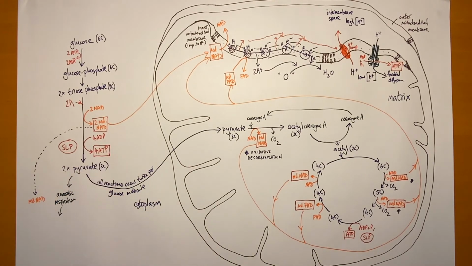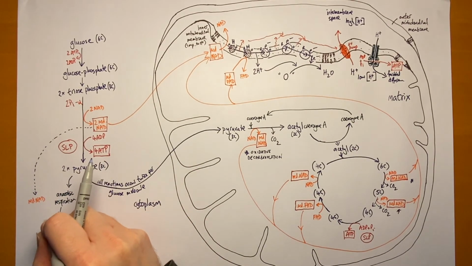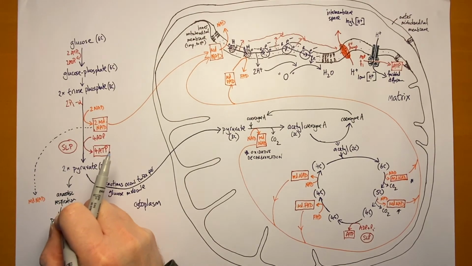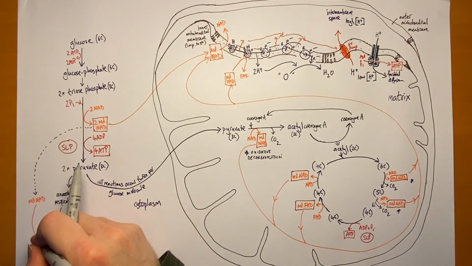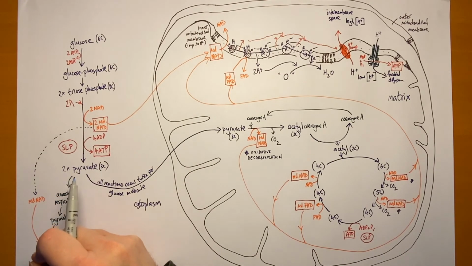And what happens is, there are 2 types of anaerobic respiration. So pyruvate can be converted into ethanol when reduced NAD loses hydrogen.